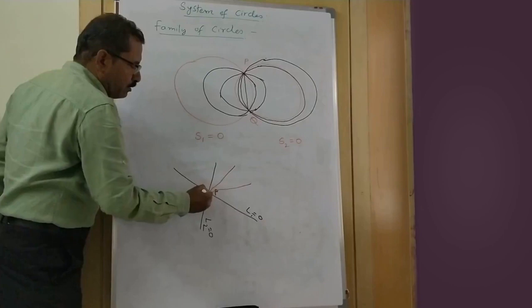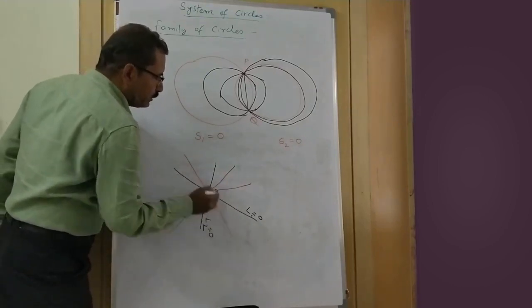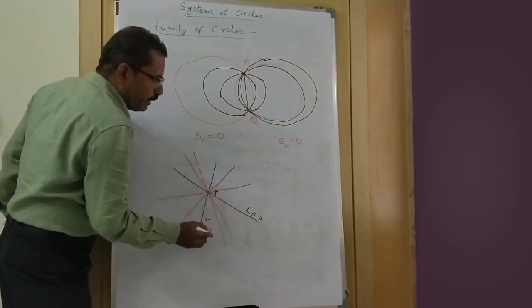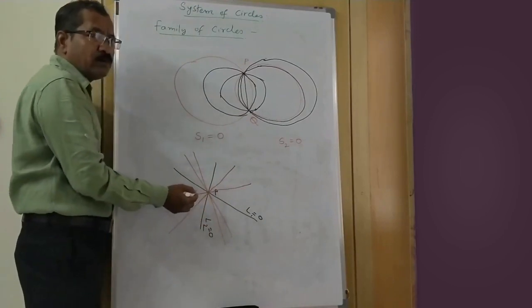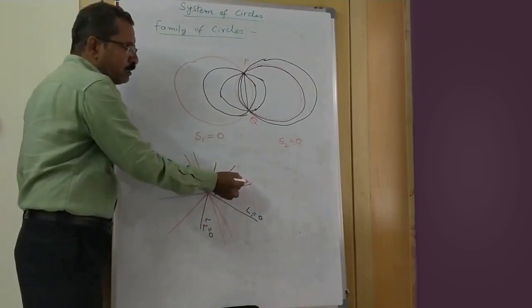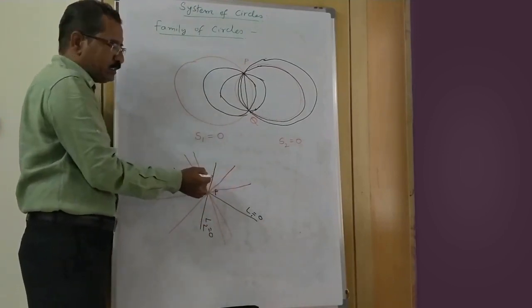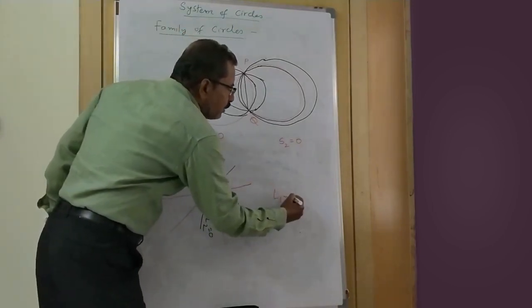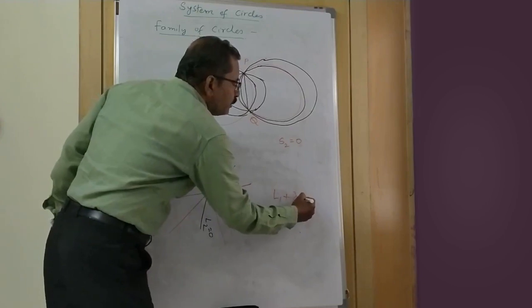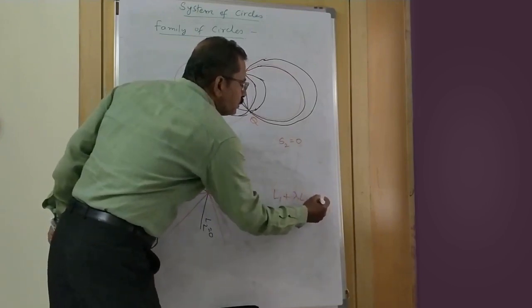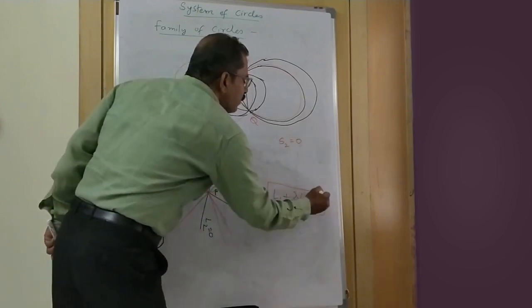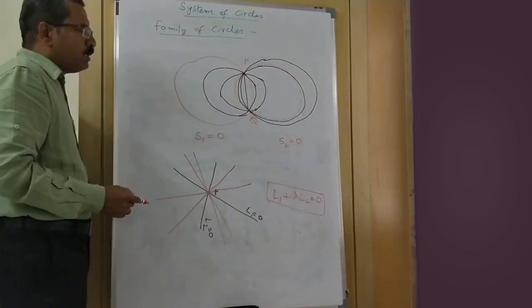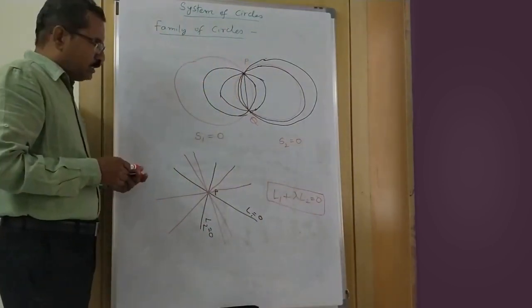You can draw any number of lines. What is the equation of these? These lines are called the family of lines. The equation of this family of lines is L1 + lambda L2 = 0. This you know from the straight lines chapter in the first year.